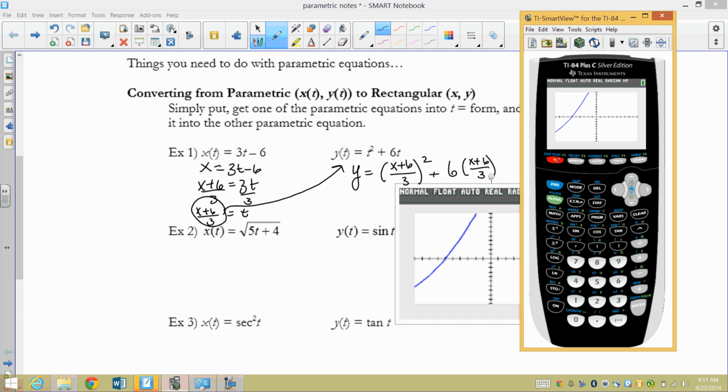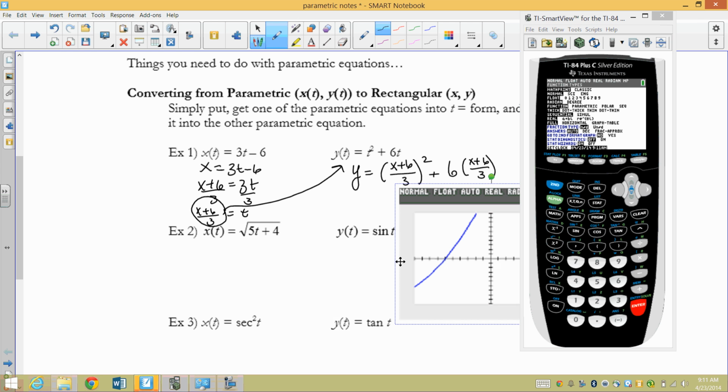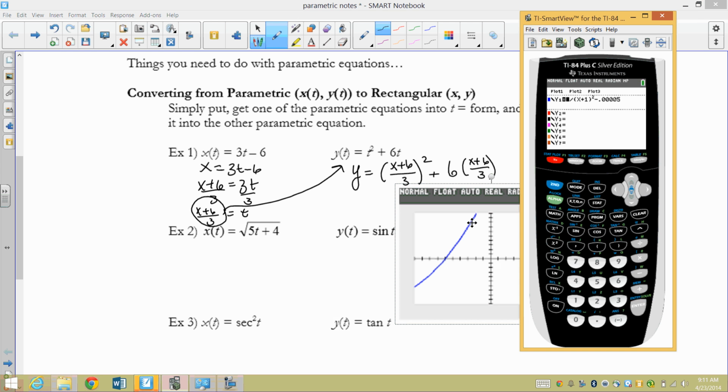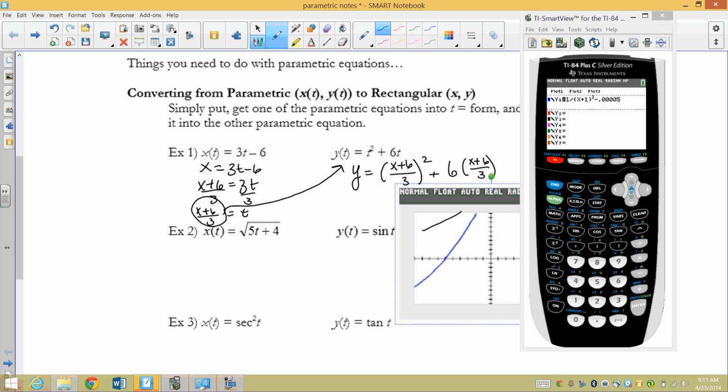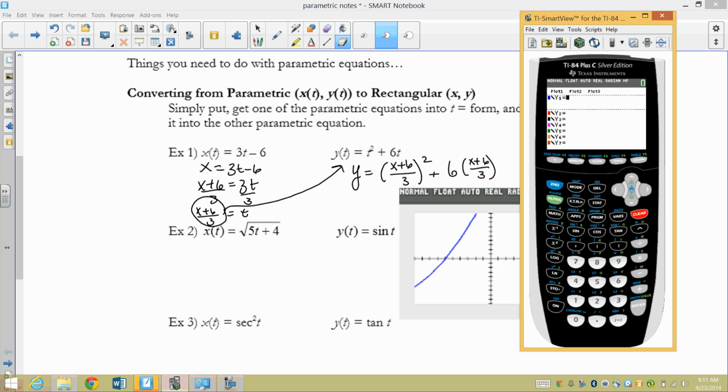And now if I go back into y equals, after changing my mode back to function mode, I type this function right here: (x plus 6) divided by 3, squared, plus 6 times (x plus 6) over 3.